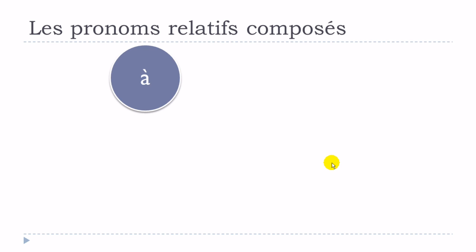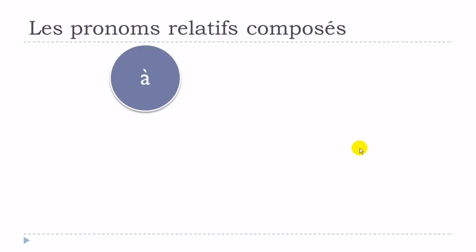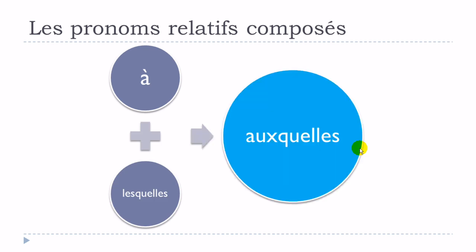If you combine à and the masculine plural form lesquels, you will get auxquels, and if you combine à and the feminine plural lesquelles, you will get auxquelles. Phonetically it's the same as the masculine, but you write it differently here.